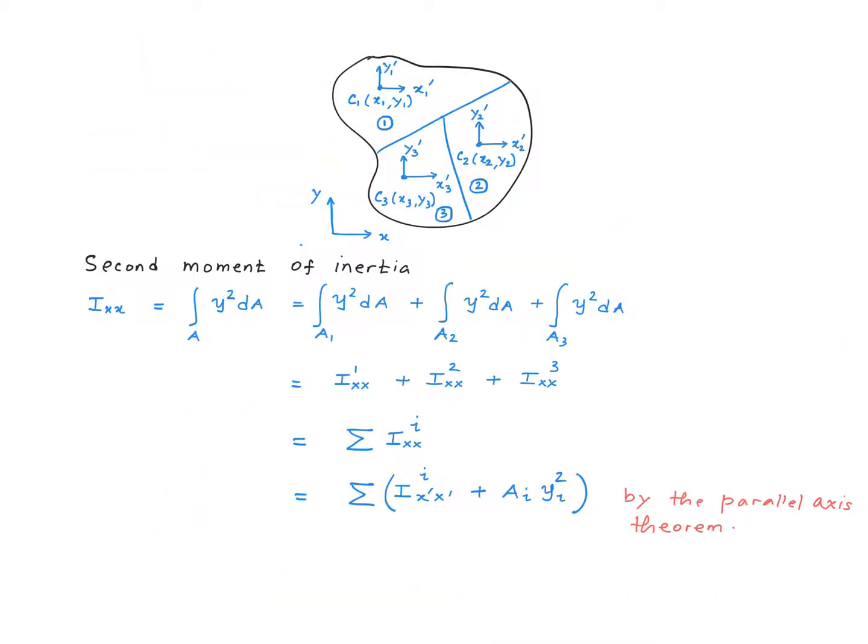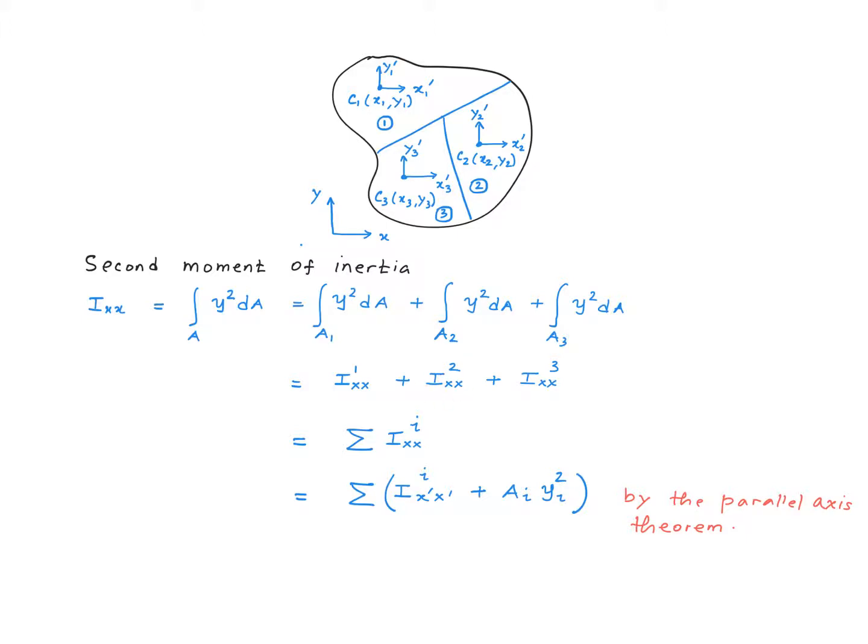Now let's go ahead and derive an equation for the second moment of inertia of the composite section about a global axis x. This is the equation for Ixx, and we split the integral into 3 parts like shown over here. The first term here is the second moment of inertia of the sub-area 1 about the global axis x.